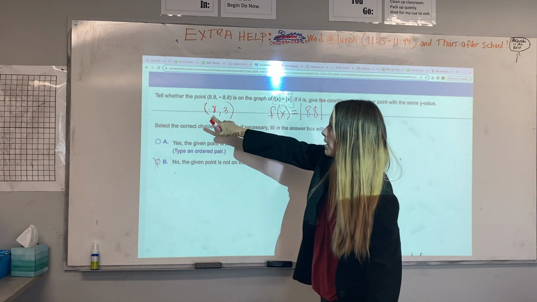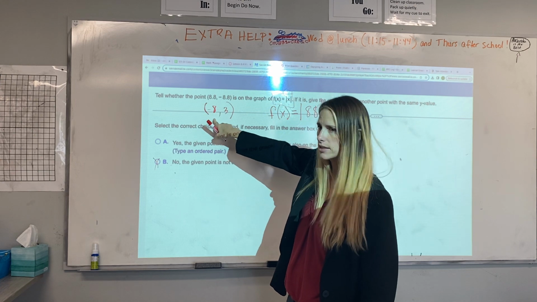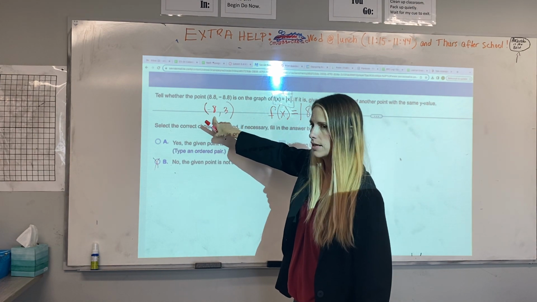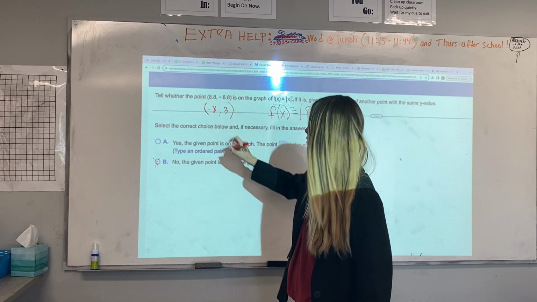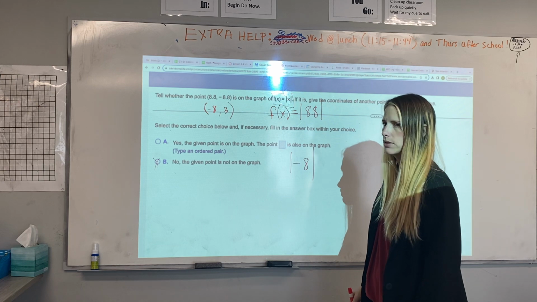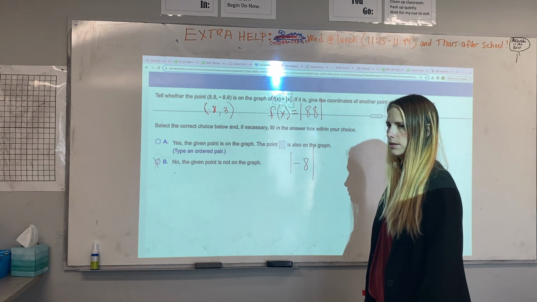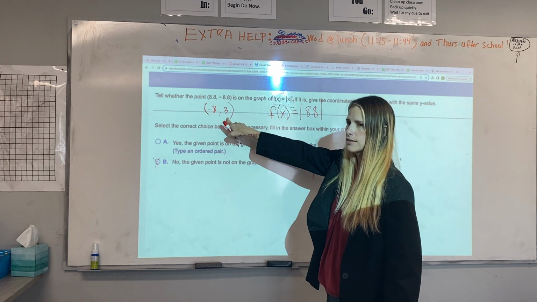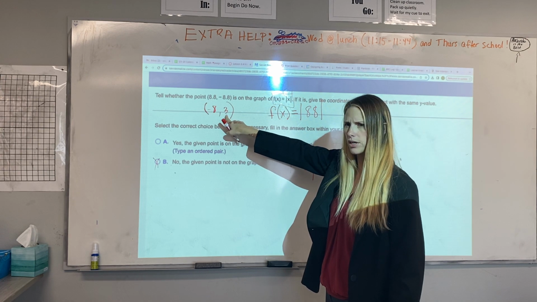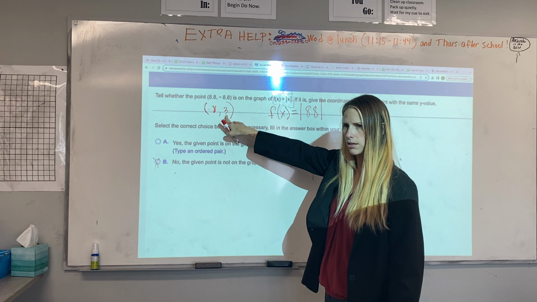Okay, and your coordinate pair that it's giving you is -8, 3? Okay, well you tell me. Plug in -8 into the absolute value function. What comes out? 8. Good. Is that what that is? This says a 3. Yeah, it's positive.